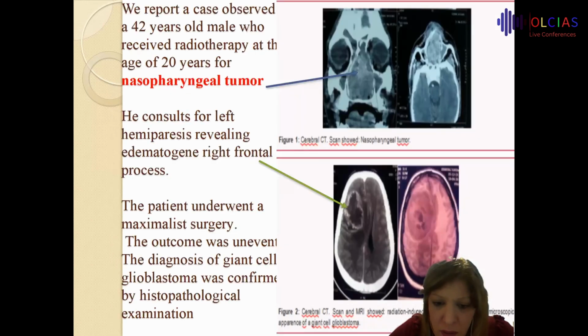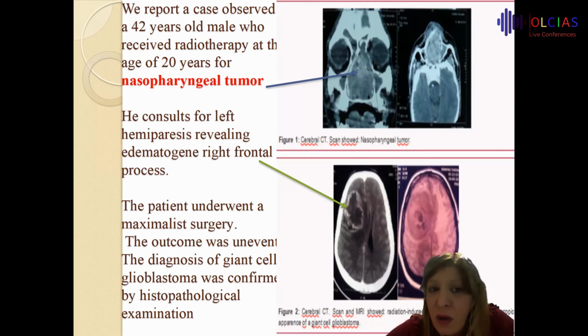So here we report the case of one patient, 42 years old, who received radiotherapy at the age of 20 for a nasopharyngeal tumor.